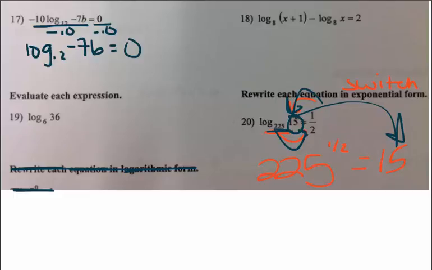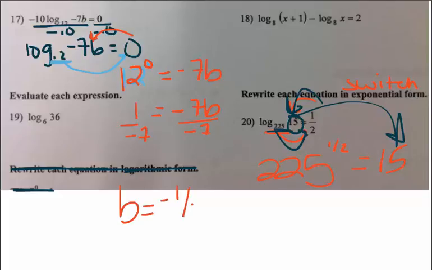In order to get it out, once the logarithm's by itself, we're going to do the switch. We're going to say, okay, 12 to the 0 power, that's hard to see, let me pick a different color, much better, equals negative 7b. So anything to the 0 power we know is 1, so this is really 1 equals negative 7b, and if I divide by negative 7, then b is negative 1/7.